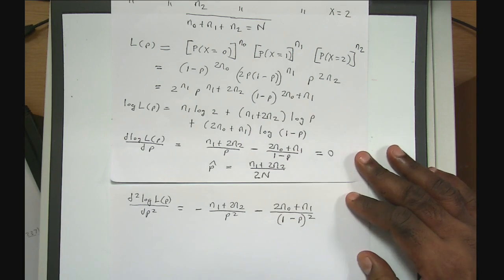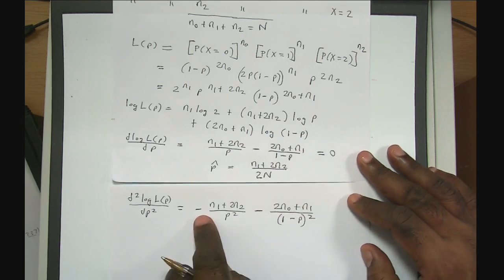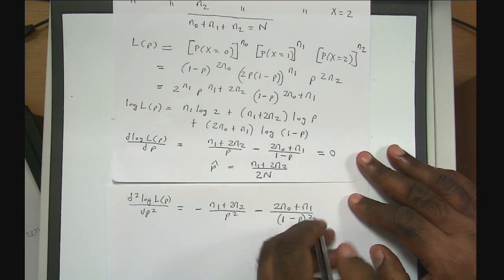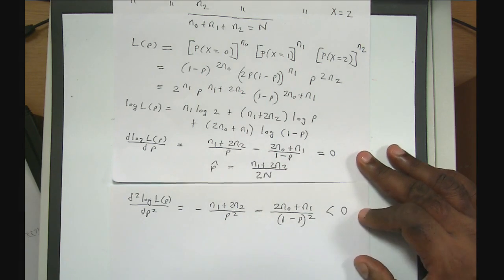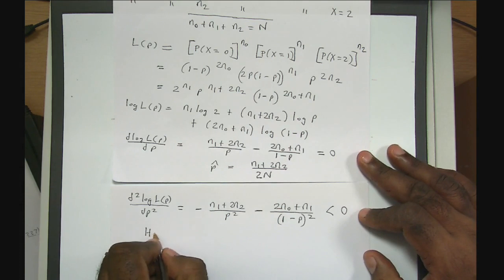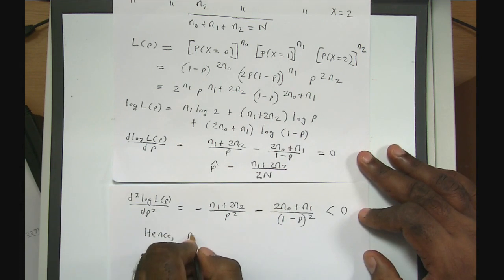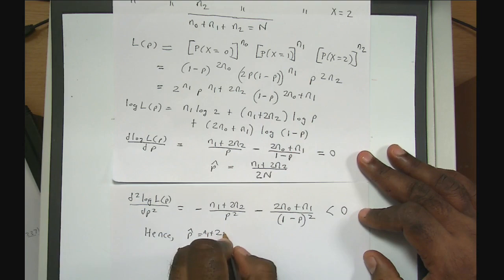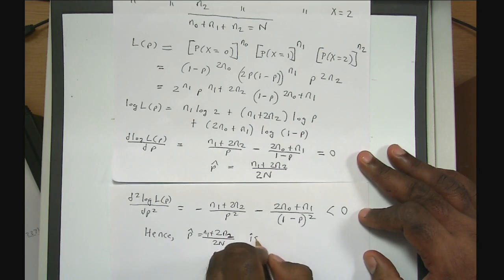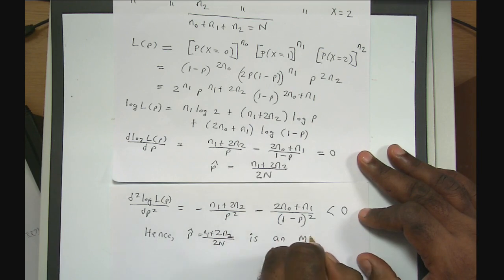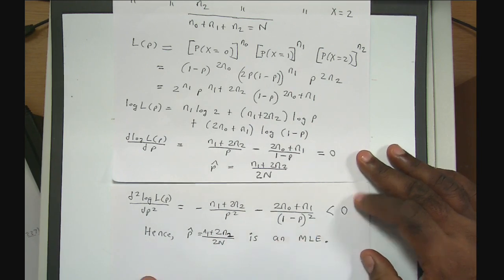This is the second order derivative, and you have a minus here and a minus here, so the term must be a negative number, right? Hence p hat is an MLE.